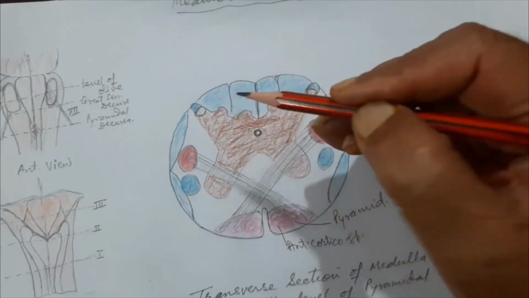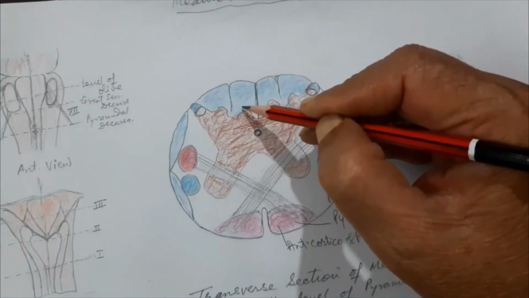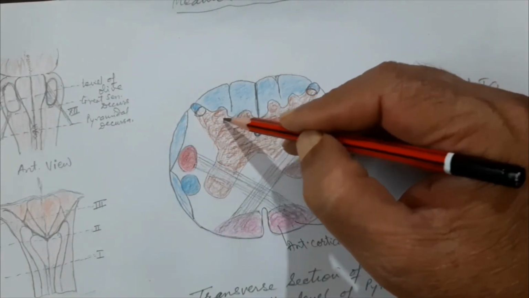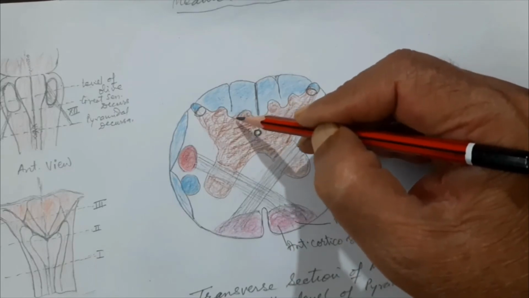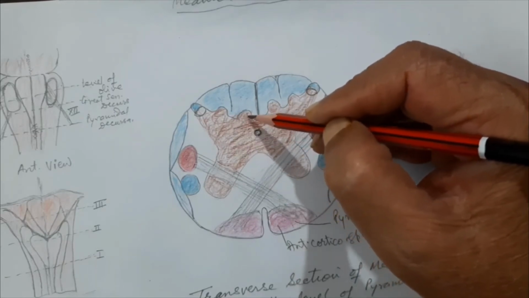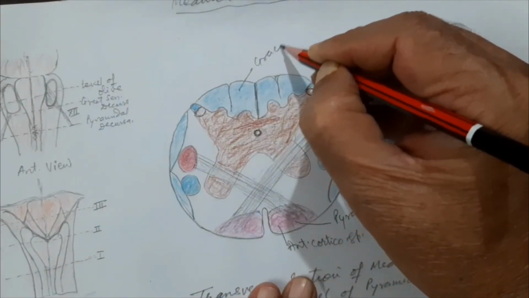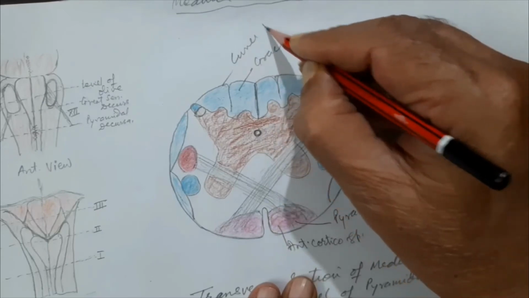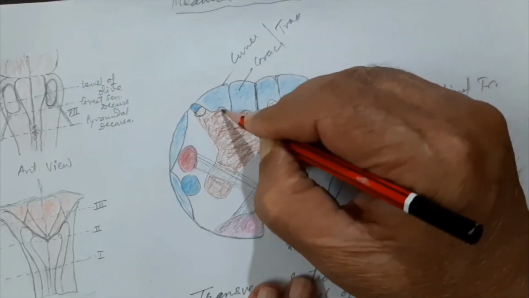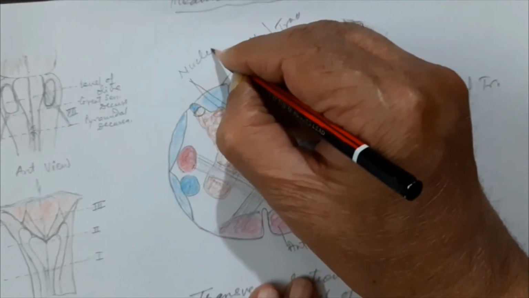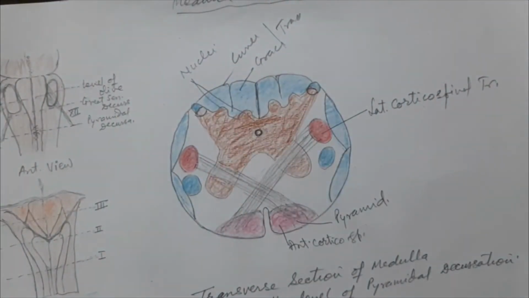The fibers coming from various levels of the spinal cord will start terminating, that is, forming synapses with the neurons present in these two swellings, which are nothing but the gracile and cuneate nuclei. So these fibers will terminate here.